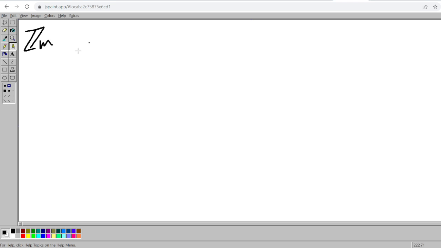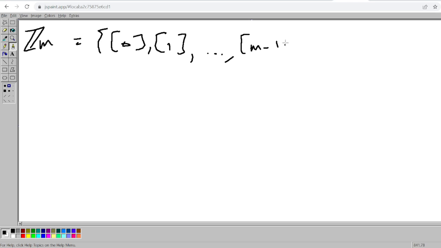So we can say that Z sub m is equal to the set containing 0, 1, up to m minus 1. Which is, that's fair.